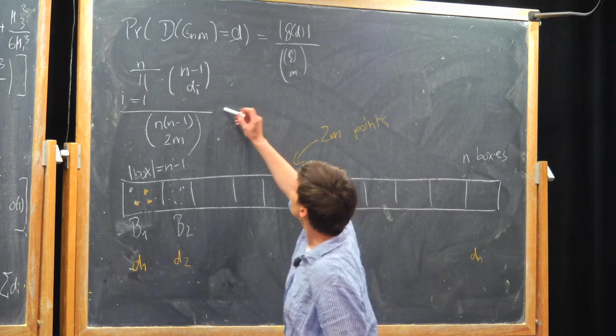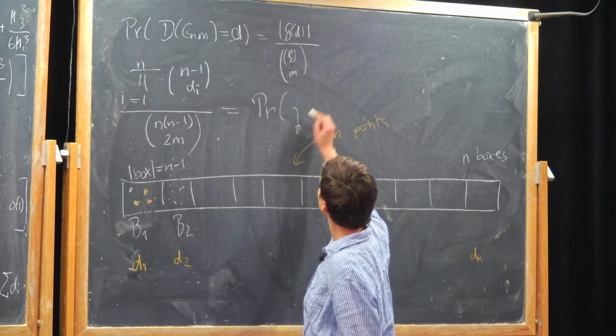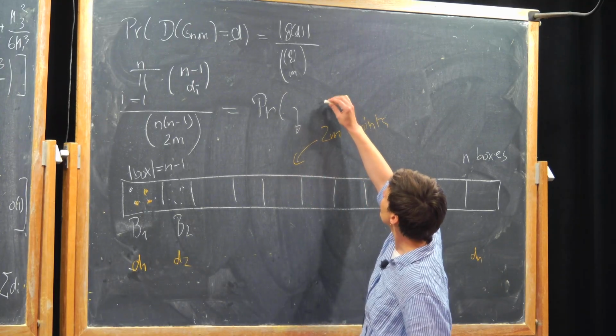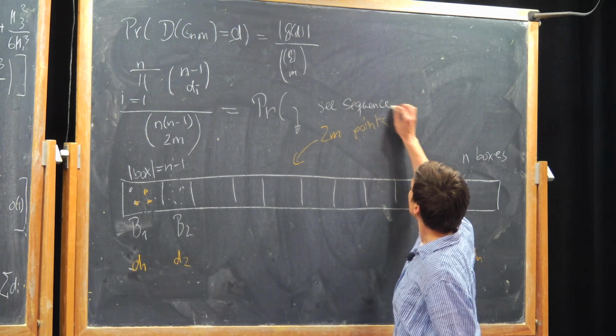So this is the probability that in this model, I see the sequence D.